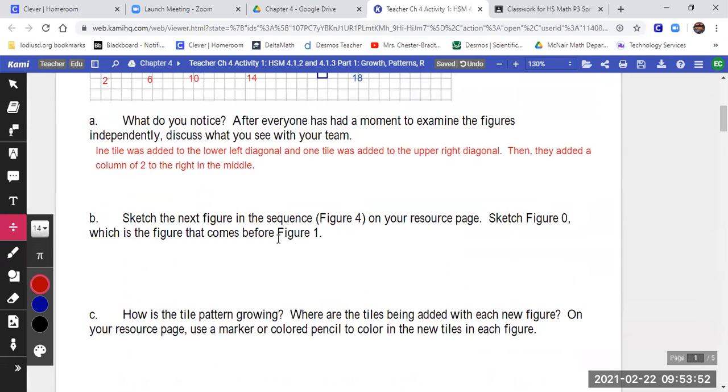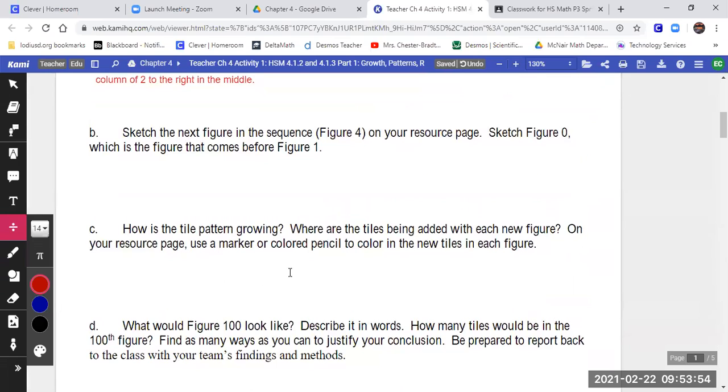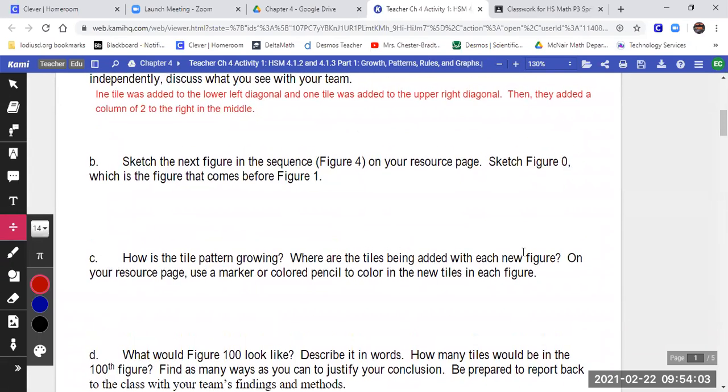We went ahead and sketched the figures, and we used the tables. Now they want us to look at how the pattern is growing. We know how the pattern's growing. What did we just say? By how many did each next figure grow? That's what it's asking.